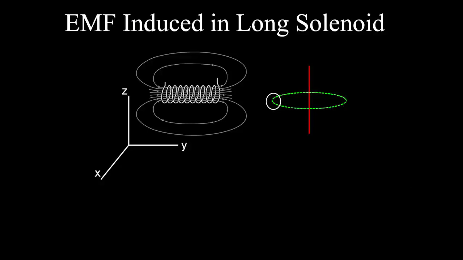Suppose we have a solenoid that's produced with loops with n number of turns, and we have a wire that has an electric current flowing upwards.